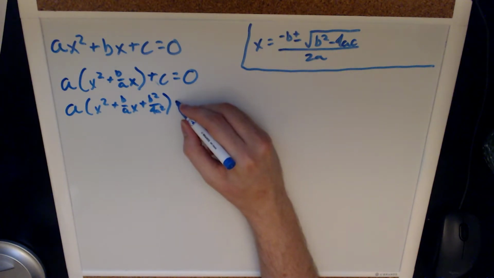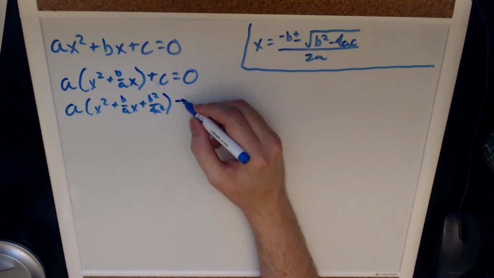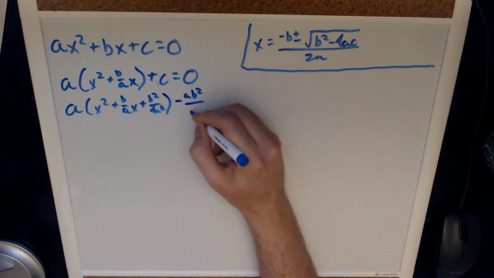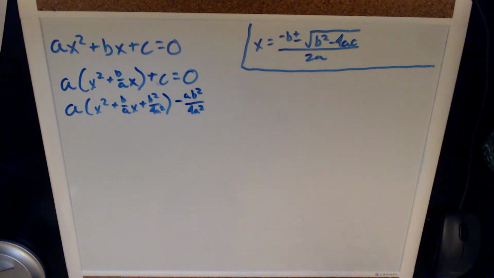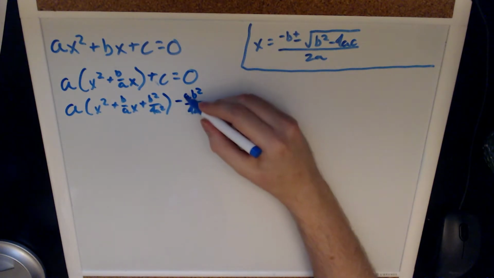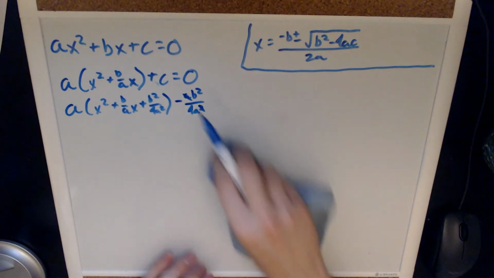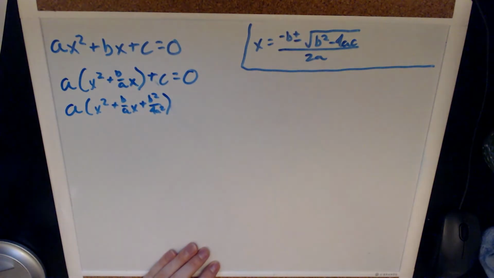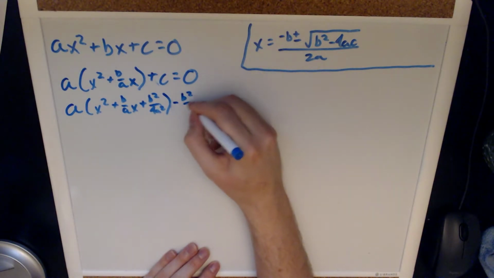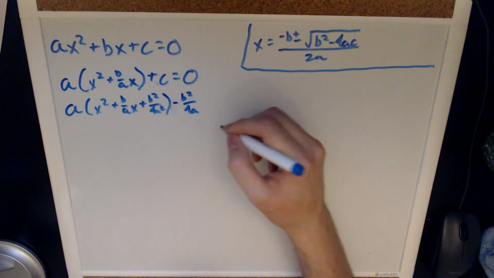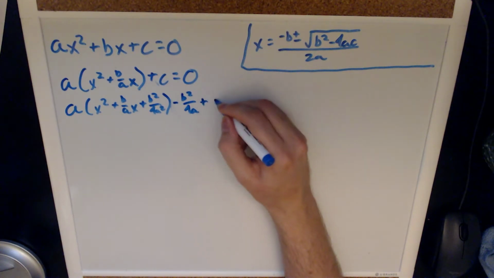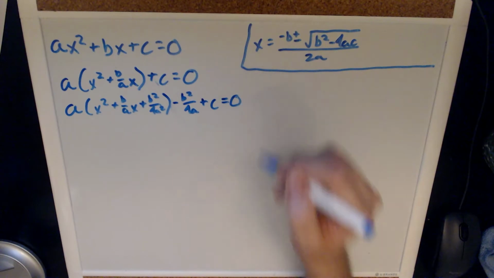This means that we are subtracting a times b squared over 4a squared, which we can simplify by knocking this and this out to b squared over 4a. We then bring down our c and set the other side of the equation to 0.